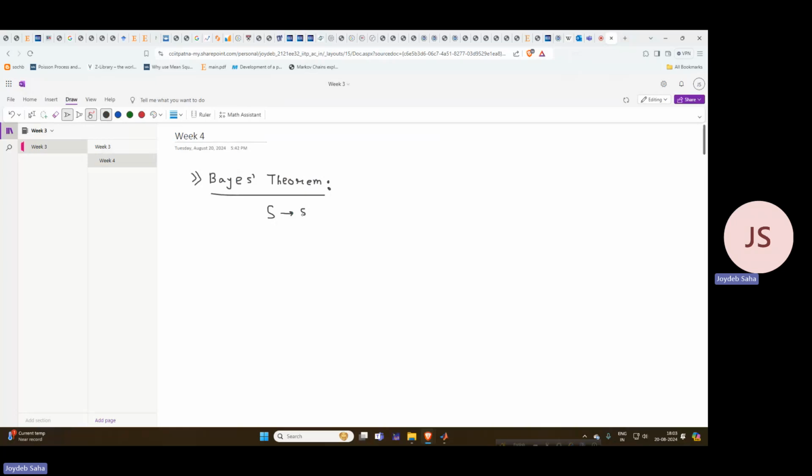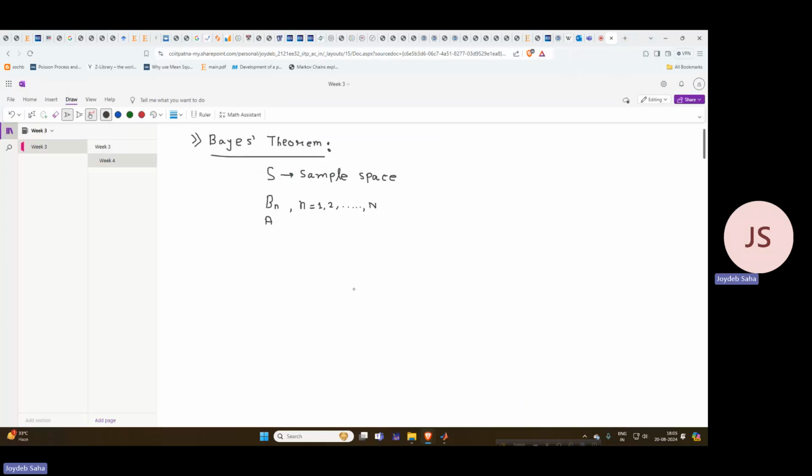S is the sample space, and there are some mutually exclusive events Bn for n is equal to 1, 2, let's say up to n. And there is another event A.